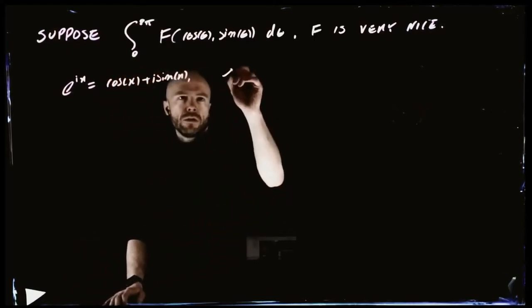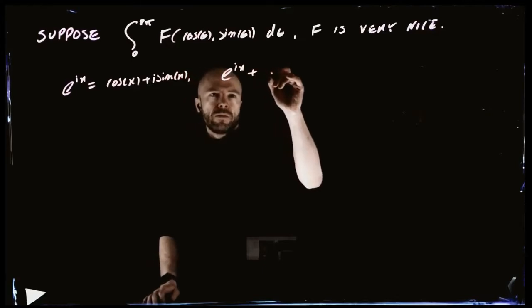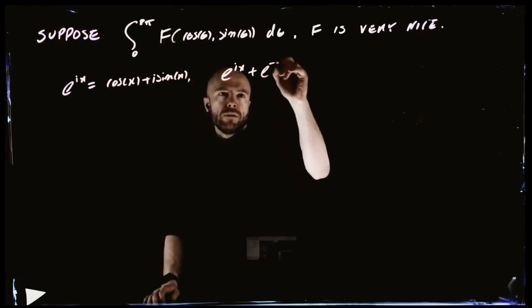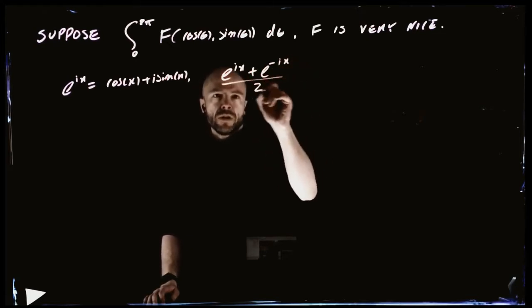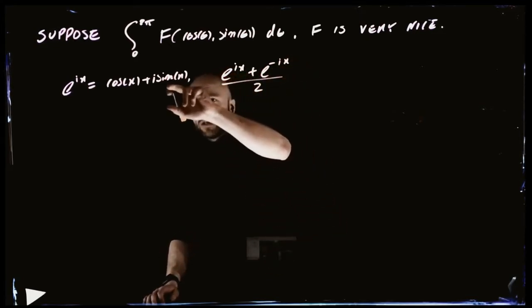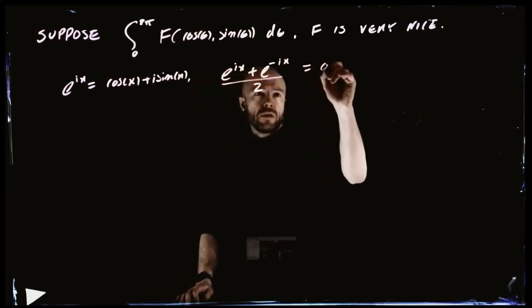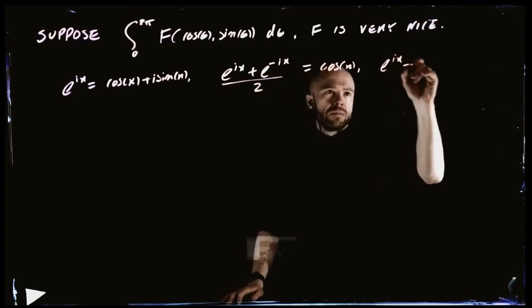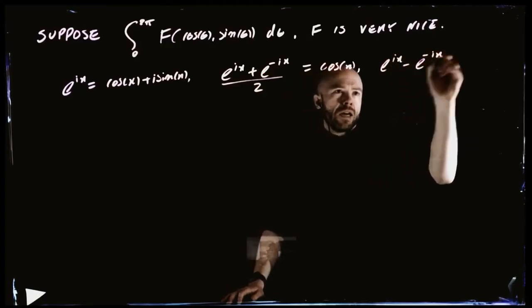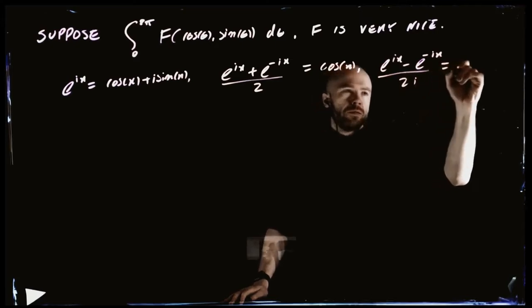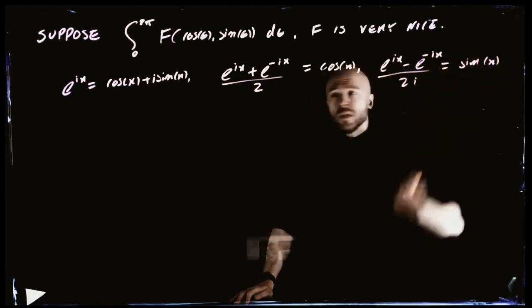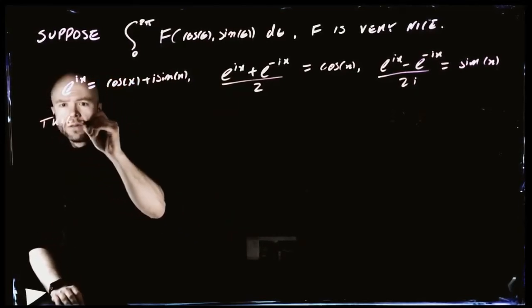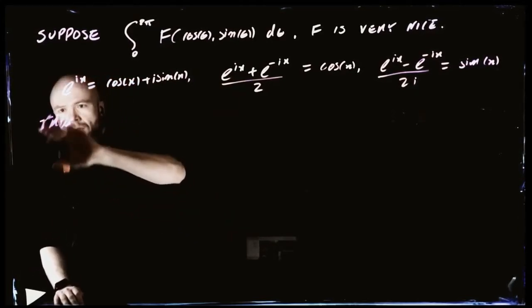So therefore, e to the ix plus e to the minus ix over 2, since sine is odd, this thing will just become cosine of x. And similarly, e to the ix minus e to the minus ix over 2i becomes sine of x. And that's how we created the trigonometric sine and cosine. So the complex sine and cosine.